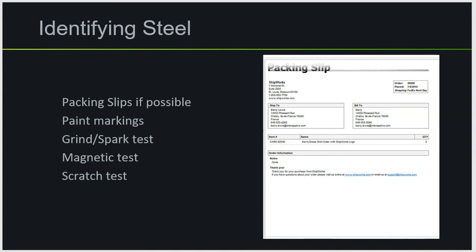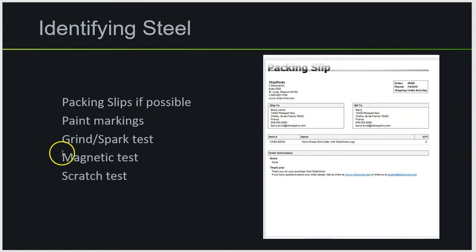If possible, look for a packing slip. Look for any kind of paper label, or look to see if its classification code was printed or stamped on the metal. This is going to be a for sure indicator of what you're working with. If not, don't worry. There are other methods that we can use in order to identify the steel.